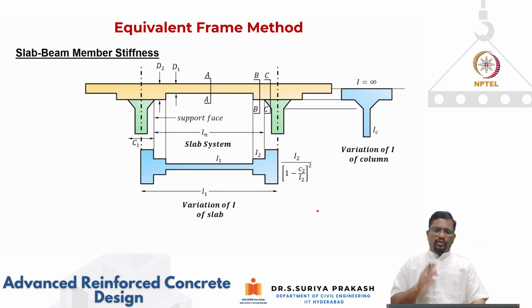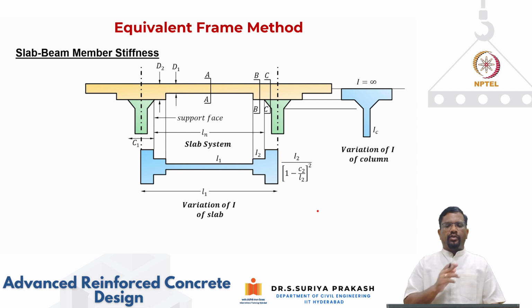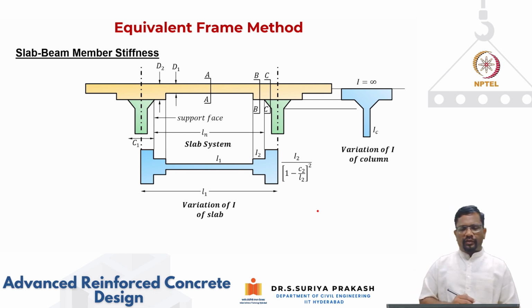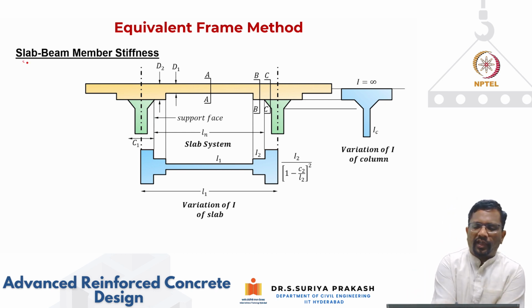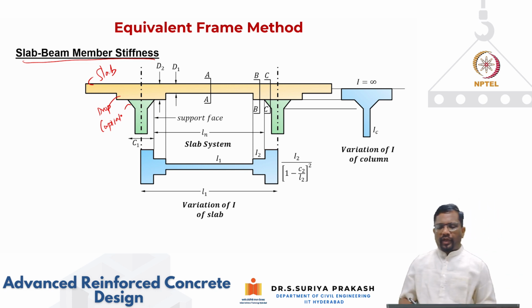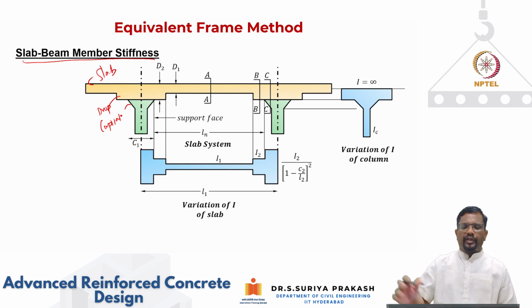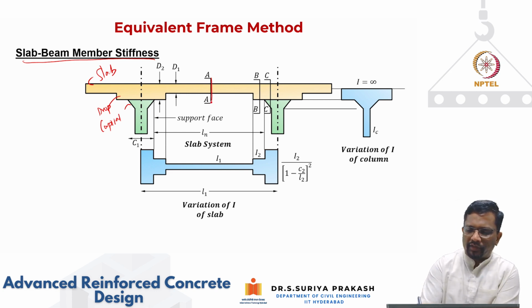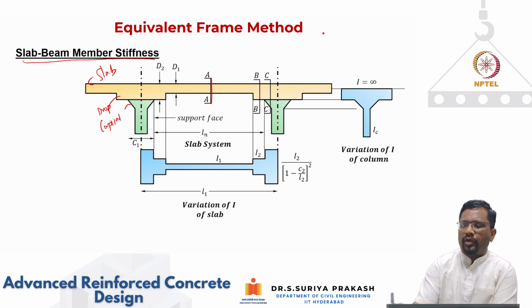Now, we talked about the EI changing. Let us see how the EI is changing. If you look at this slab beam element, this is your slab, this is your drop, as we have seen, and this is your capital. If you look at the variations of the moment of inertia, for example at this section AA, I'm going to have the thickness of the slab only, as HS.